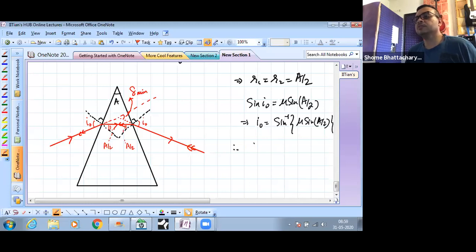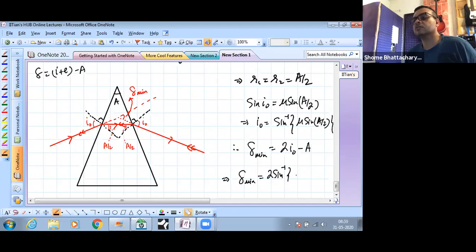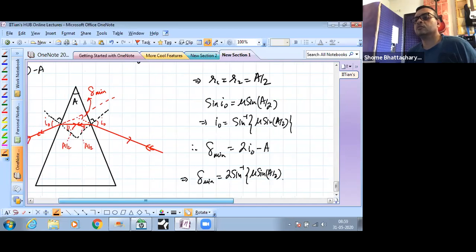And therefore the minimum deviation will become, so the angle of deviation in general was I plus E minus A. So that becomes 2 I naught minus A. So the minimum deviation angle is now given by this formula: it is 2 times sine inverse of mu sine A by 2, minus A. This becomes the formula for the angle of minimum deviation.